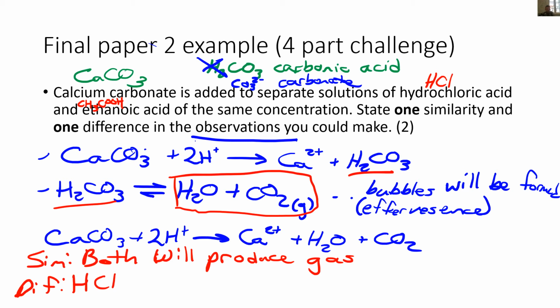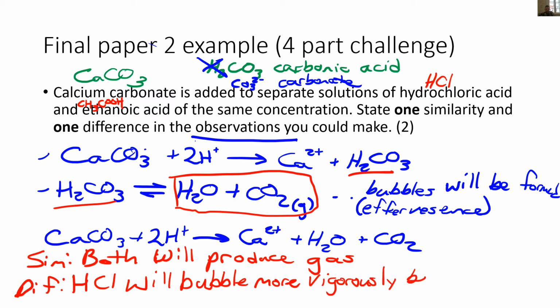HCl will bubble more vigorously because it is a strong acid.